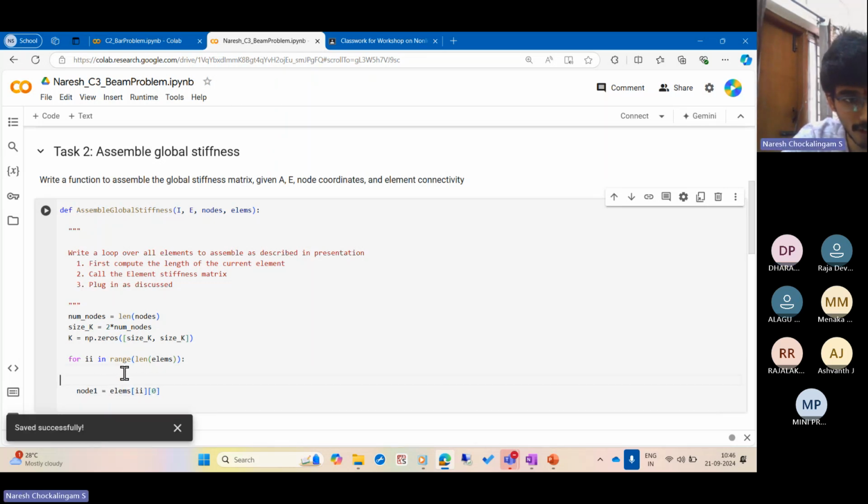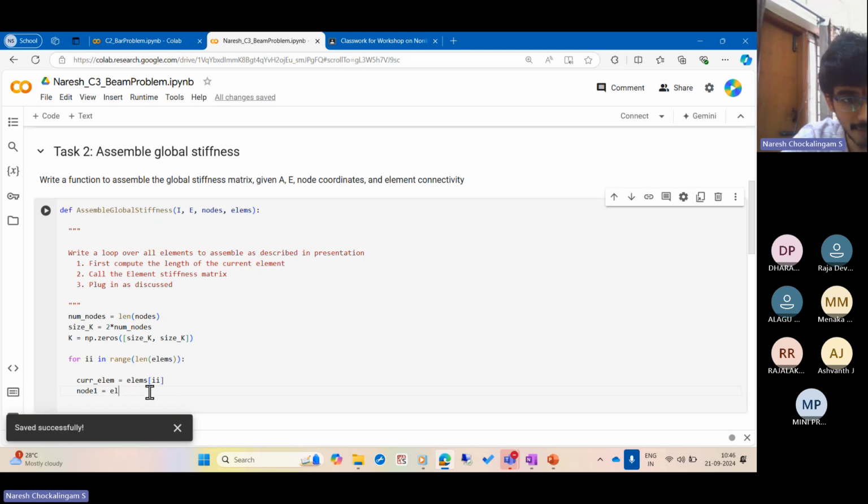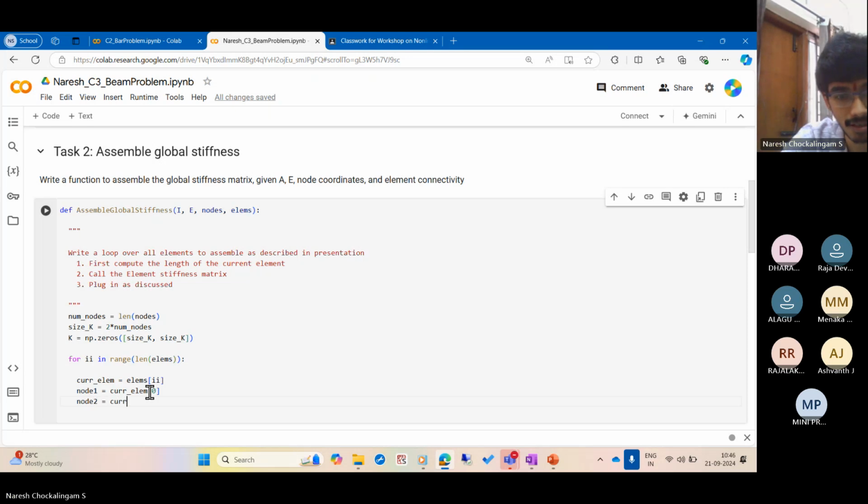If you're not comfortable, you can define something called current element. Current element is elements of i. So you're going to the ith element, and in that ith element, you're seeing what is node 1. So it is current element of 0. This is fine. Similarly, node 2 is the second node of the current element.